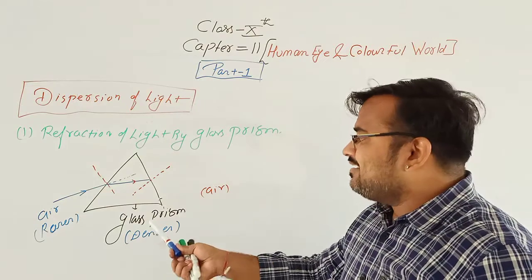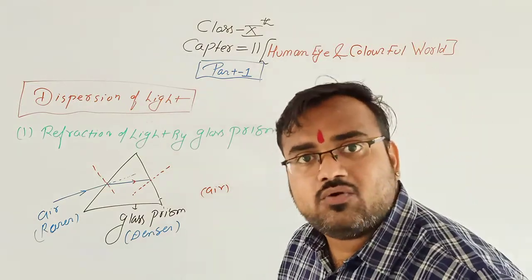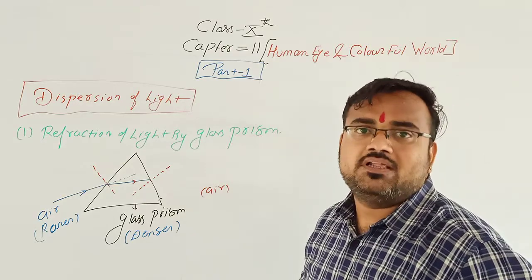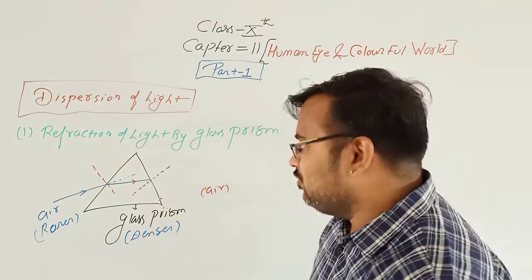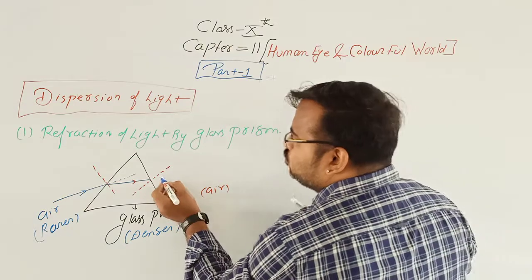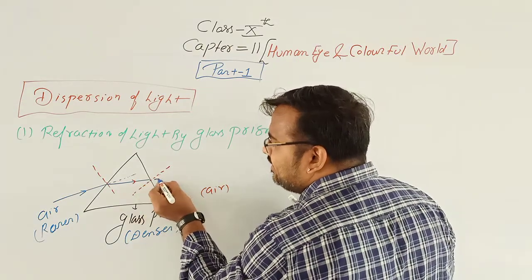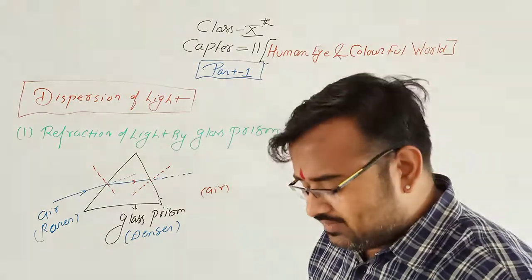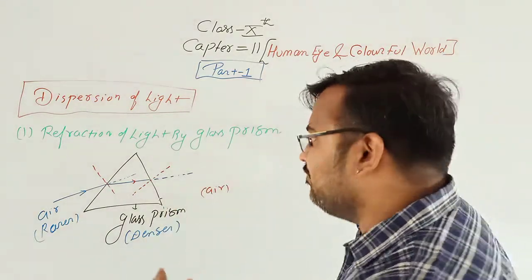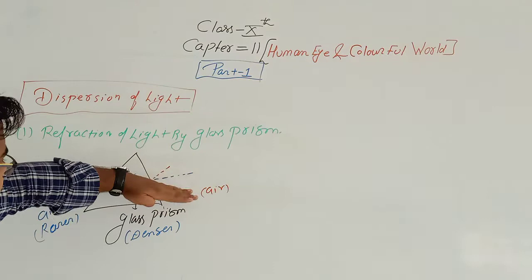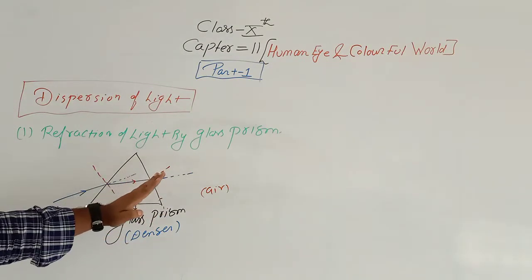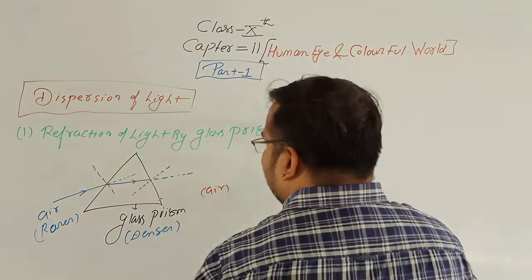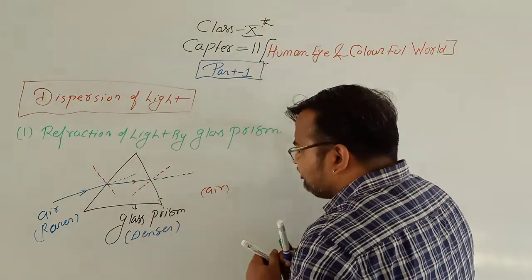So from denser to rare medium, according to our second rule, the light ray bends away from the normal. See, this is the path which should be followed by this emergent ray. But according to the second rule, it will bend away from the normal. Clear? This is the normal, so it will bend away from the normal.